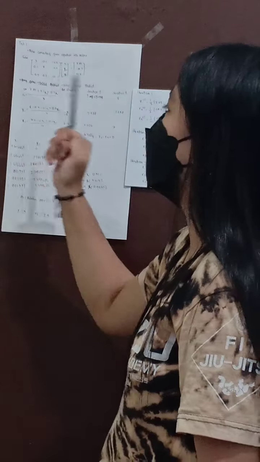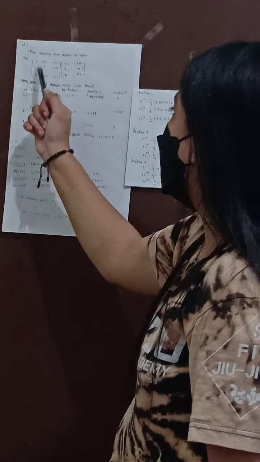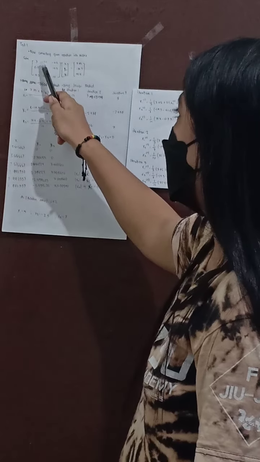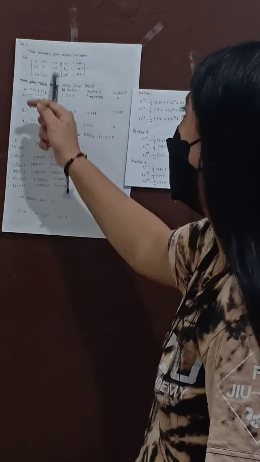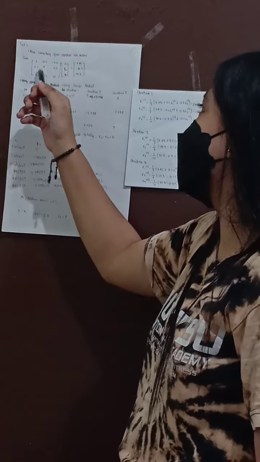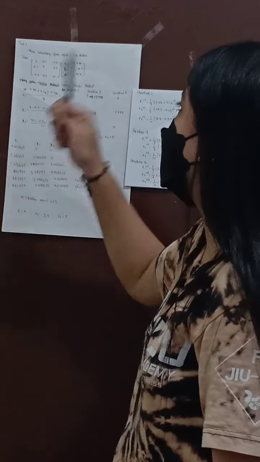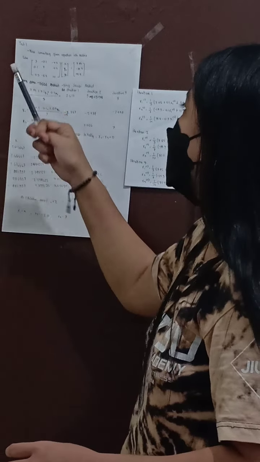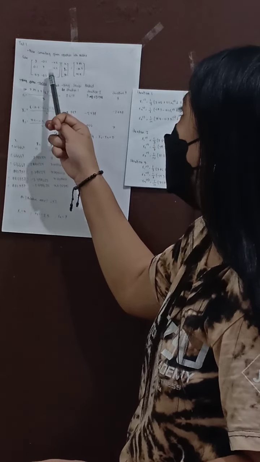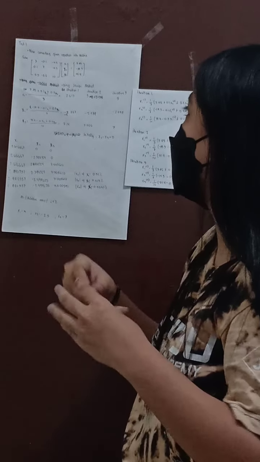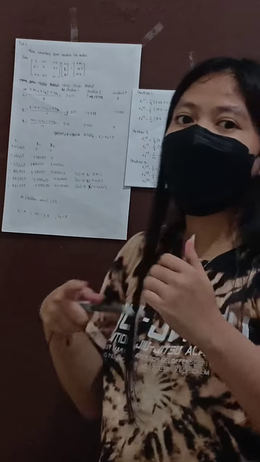So we are going to solve: 3, negative 0.1, negative 0.2, that would be the x1. Then 0.1, 7, negative 0.3, that would be the x2.